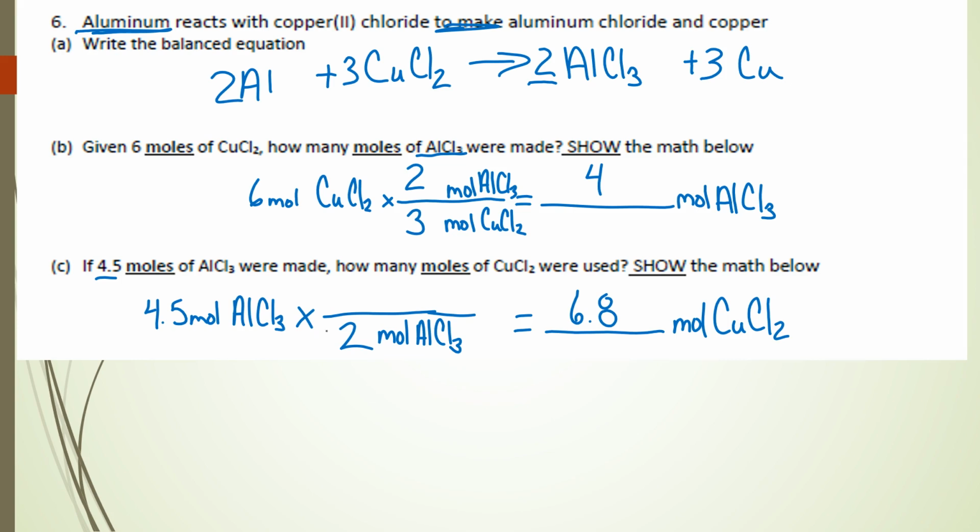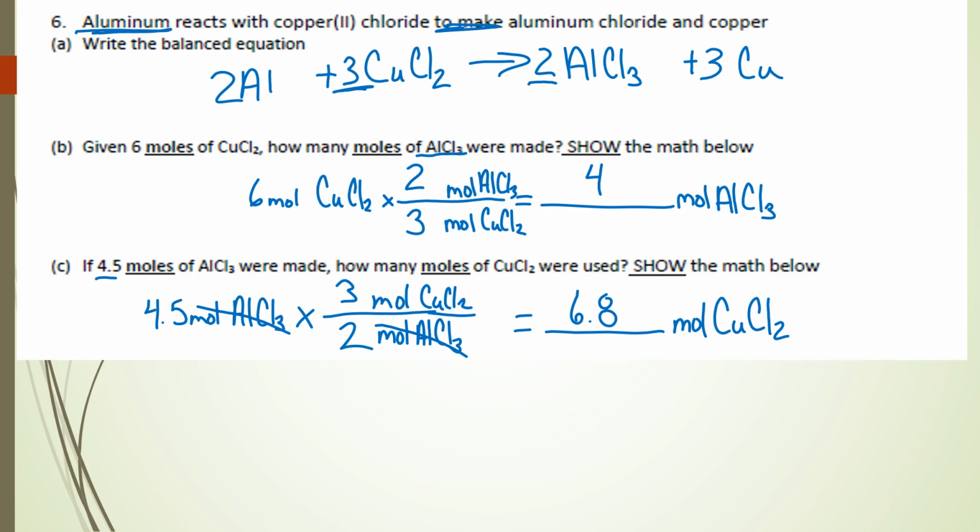That's 2. I'm going 2 mole of CuCl2. So I'm going from this to this. So I'm able to cancel that now. And then I need to look at my coefficient there. So I'm taking 4.5 times 3 over 2.